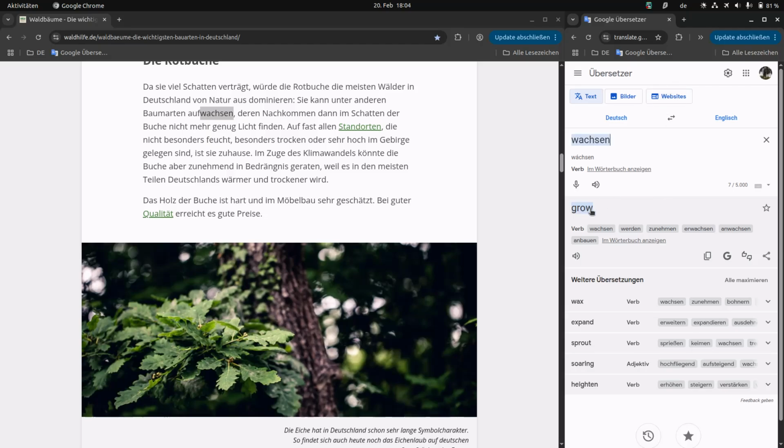But in general, it means to grow, and aufwachsen is basically grow up. It's also used for children or younger people, they grow up. In English, the up is at the end and a word on its own. In German, it's just the prefix, so it's basically to upgrow. And yeah, so it can also, under other tree species, grow up, basically.